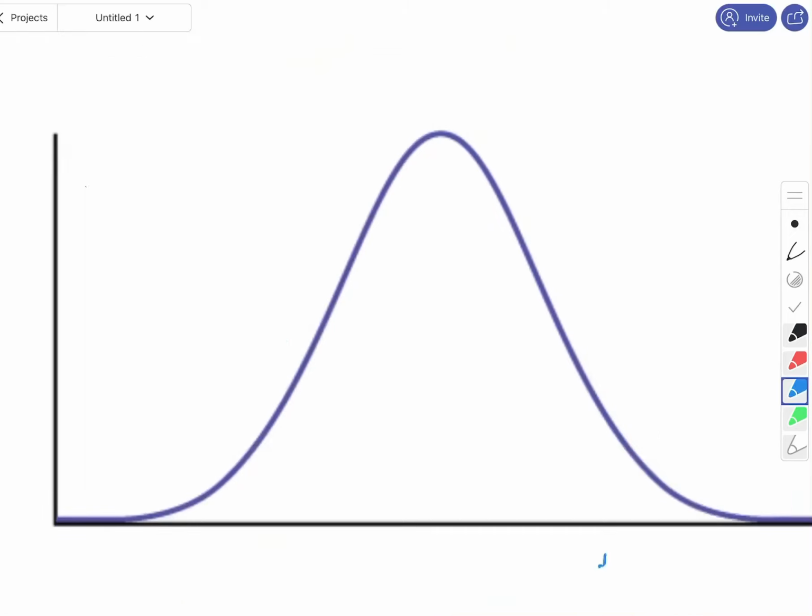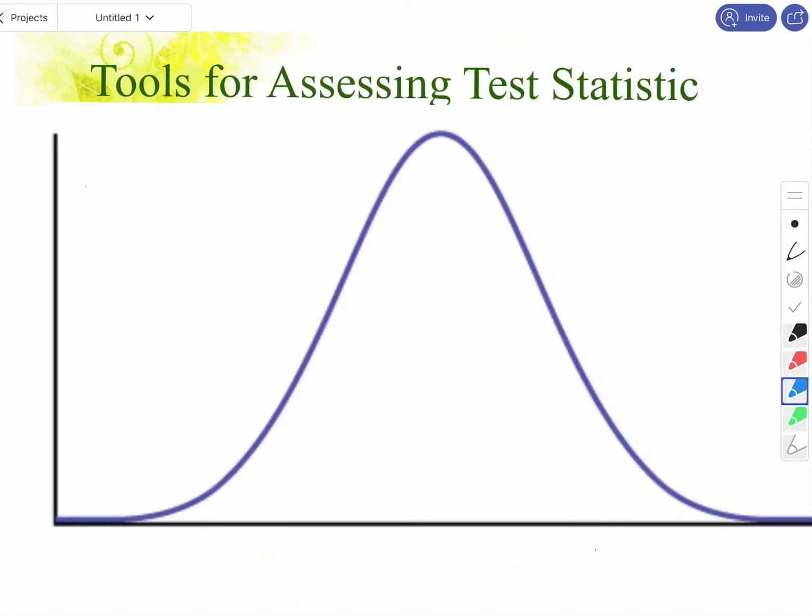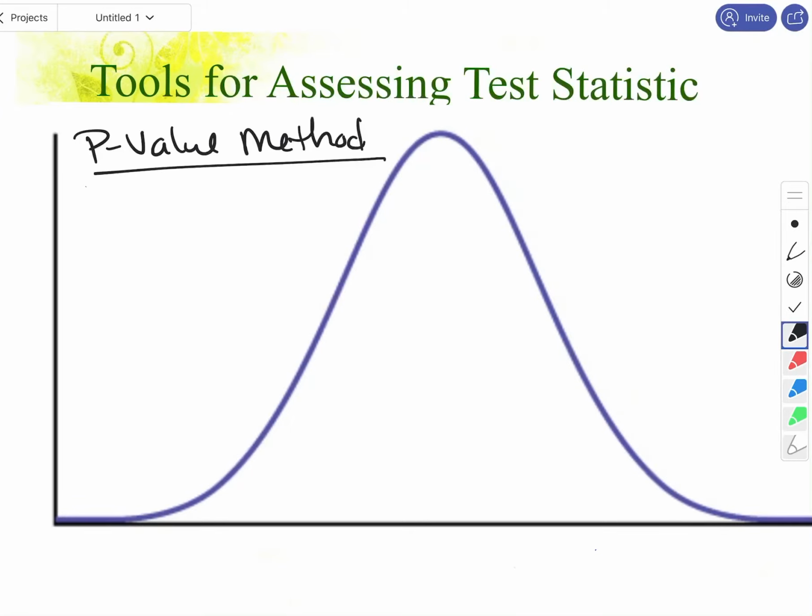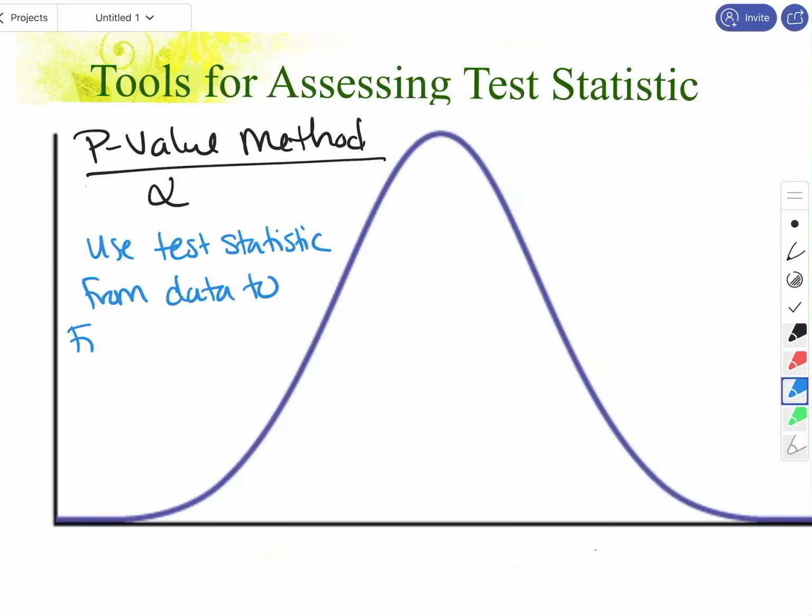The second tool for assessing this is not the critical value method, it's the p-value method. So if we're doing the p-value method, again, you'll have your alpha. You may or may not have your critical value, but you would use the test statistic from your data to find its p-value.